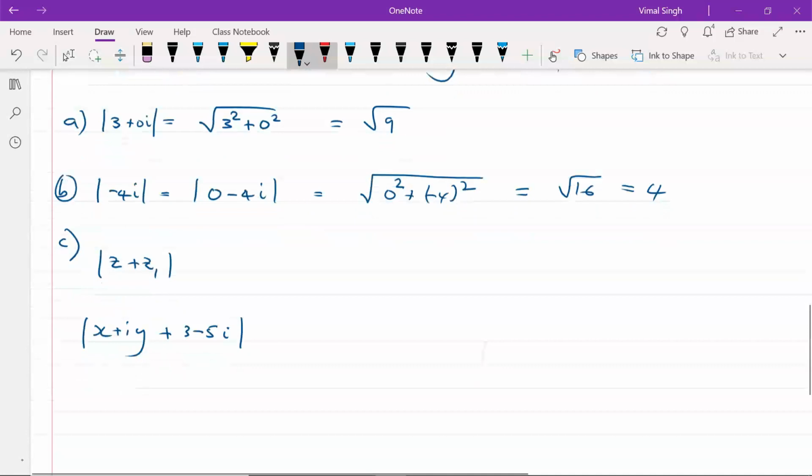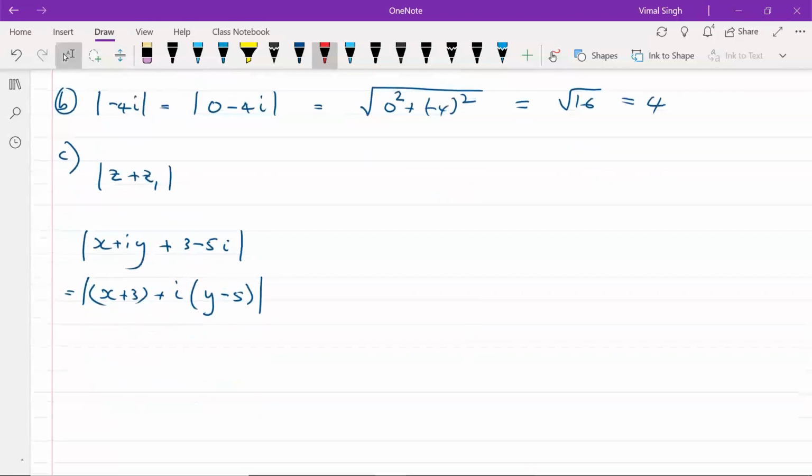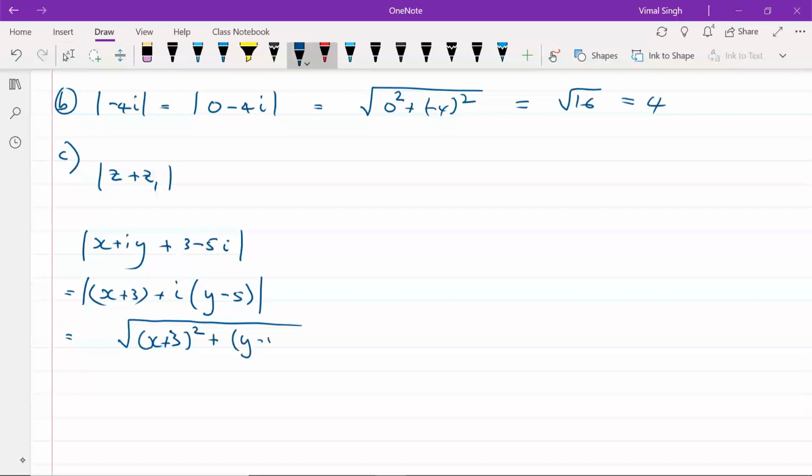In my next step I am going to collect all the real terms, so x plus 3, plus i into y minus 5. Now I will find the modulus of this, which is equal to the square root of x plus 3 squared plus y minus 5 squared.